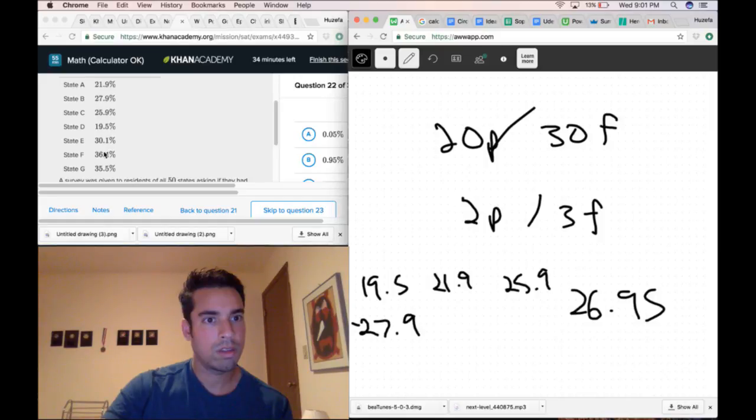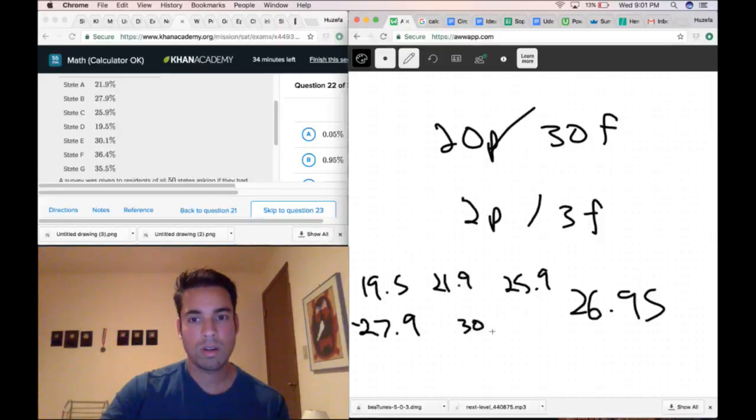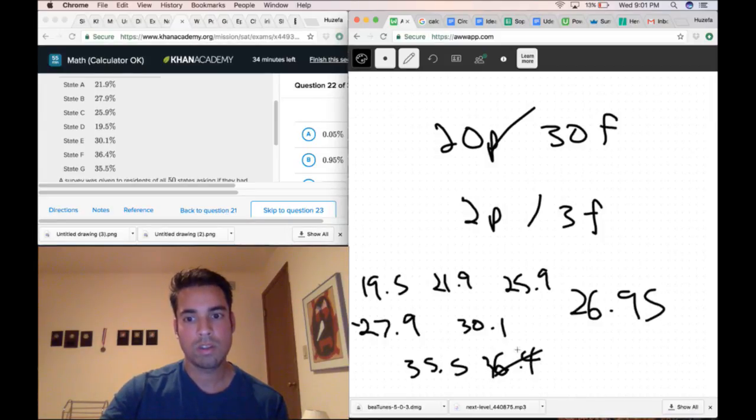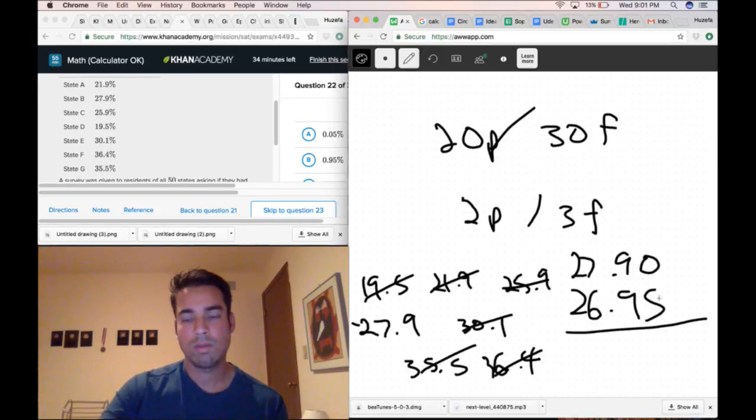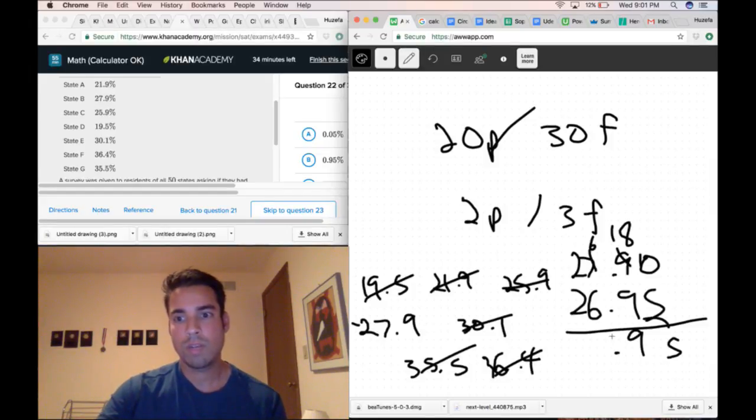And then 30.1, 35.5 and 36.4. So that's gone, that's gone, that's gone. So the median is 27.9, and we just have to take the difference. You can do this on a calculator, of course, so don't do it like I'm doing it. So it's 0.95%.